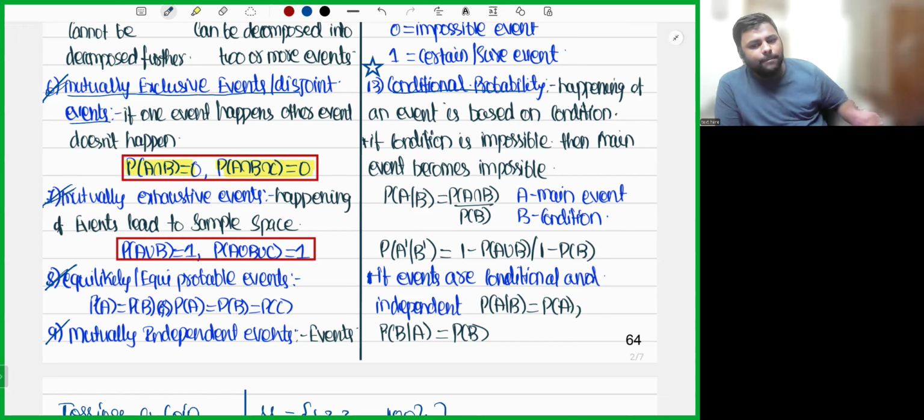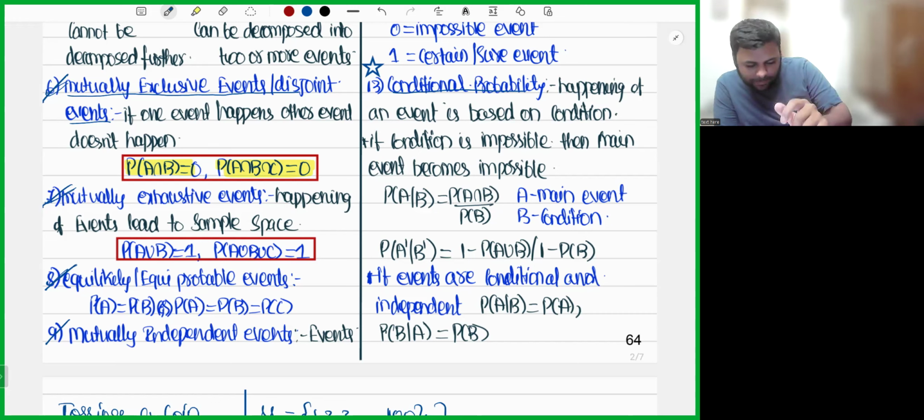Like I am telling, me coming to the school is dependent upon my friend coming to the school. Here the probability of happening of my event is dependent on the probability of happening of one more event. If that event happens, this event happens. If that event becomes impossible, this event also becomes impossible.